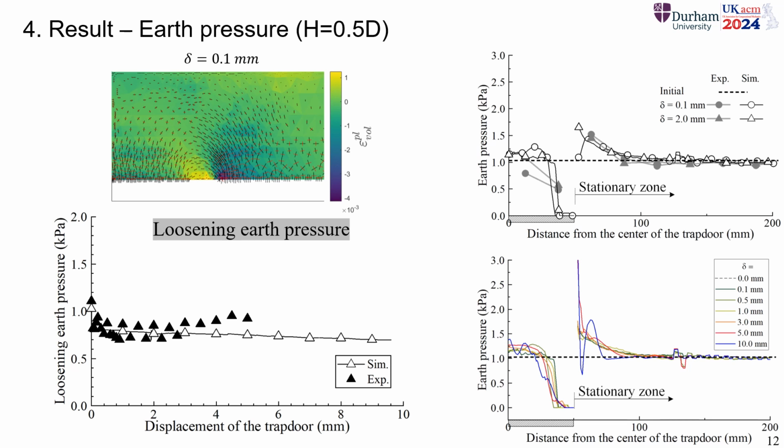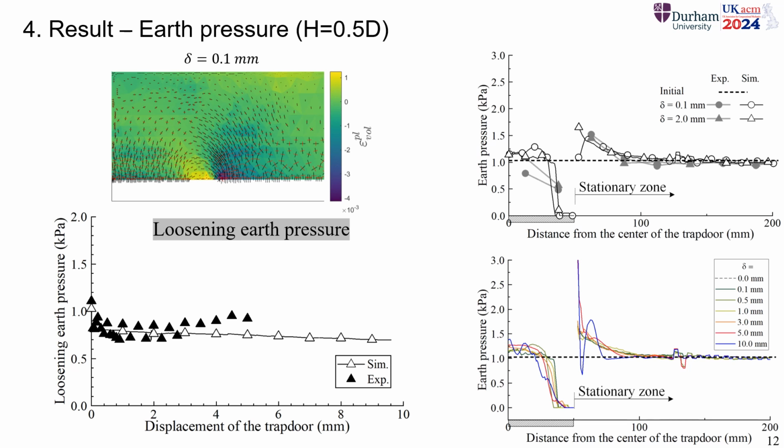So this is being calculated and compared with the experimental data produced by Kikumoto. Here you can see that the results match more or less the experimental values for the displacement. Delta is the trapdoor displacement considered, while these values keep more or less constant during the entire process.